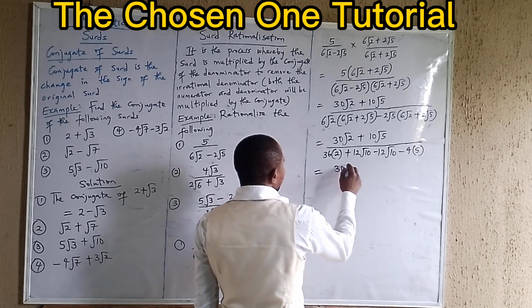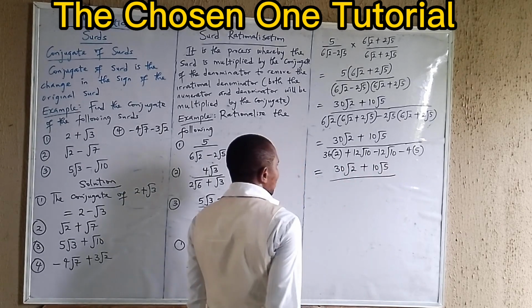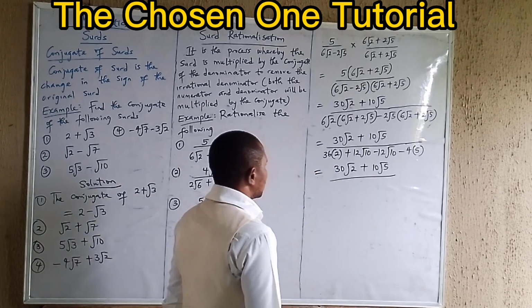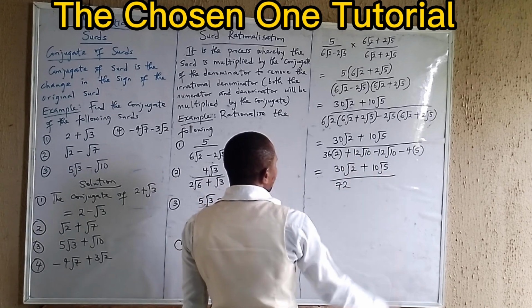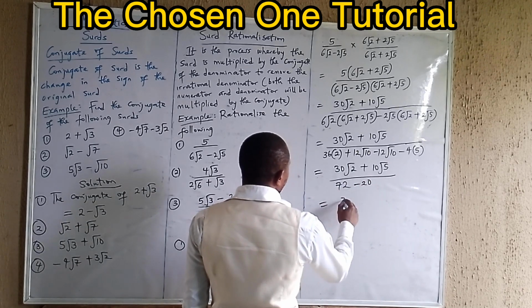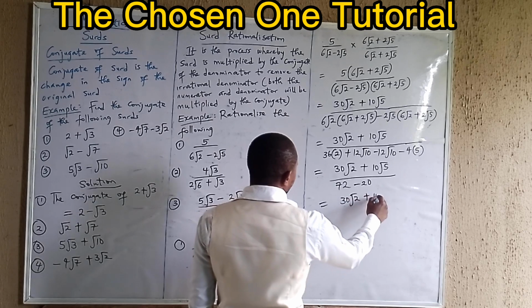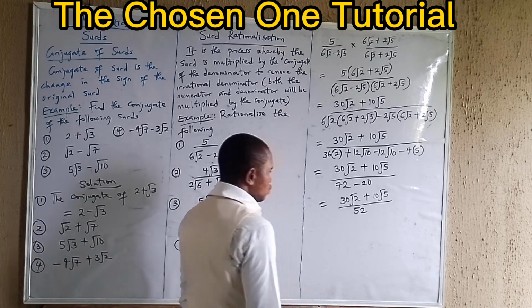So we are going to have 30 root 2 plus 10 root 5 over 36 times 2, that will give us 72. And plus root 10 minus 12 root 10 will be 0. 4 times 5 will give us 20. So we are going to have 30 root 2 plus 10 root 5 over 52.